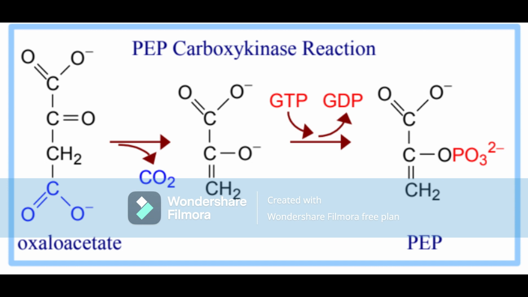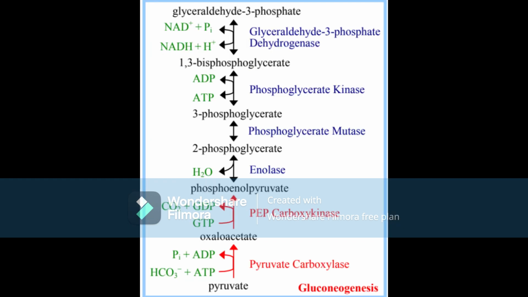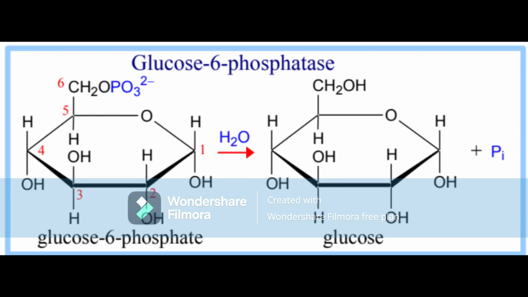Here, the oxaloacetate is converted to phosphoenolpyruvate through the action of the enzyme PEPCK. The third step is the generation of glucose 6-phosphate. Here, the phosphoenolpyruvate is converted to glucose 6-phosphate through the action of the enzyme glucose 6-phosphatase.